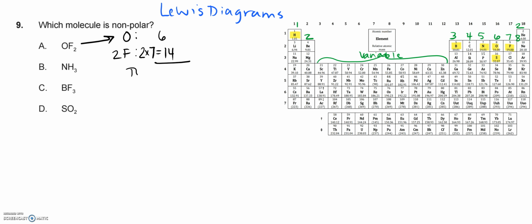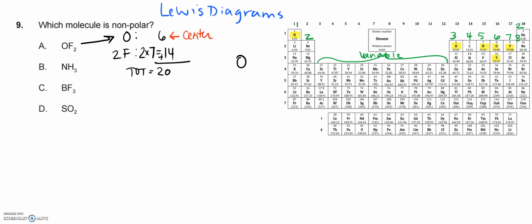So 6 plus 14, we get a total of 20 electrons that we need. We can also identify right away that the one that needs the most to get to the full octet is oxygen, so this is going to be in the center because it needs 2. The fluorines only need 1 each to get to the octet.